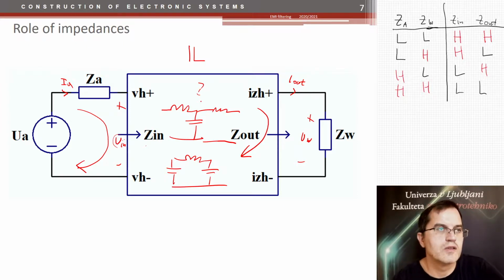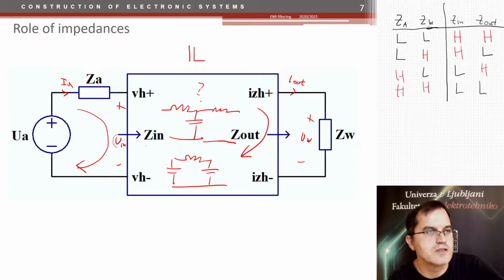So let me show you another example. If we have a high source impedance, then we have to have low input impedance in order to make the current small, voltage small. And on the output, if we have high victim impedance, we have to use low output impedance again to make the voltage low.